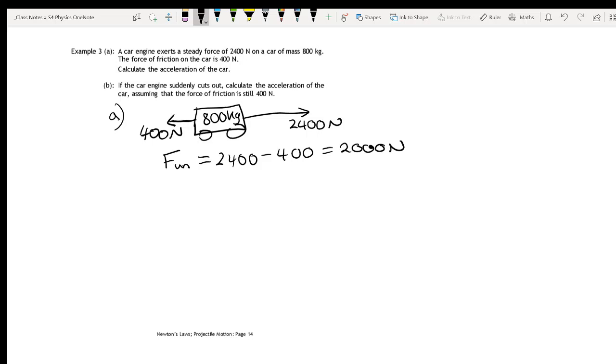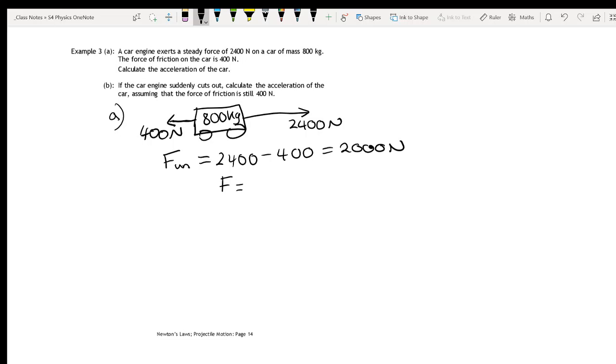And that is what we put into F equals ma. Okay? So you need to be careful with these. If you've got two different forces acting in different directions, you have to find the overall force first. Yeah, it's the biggest minus the littlest.